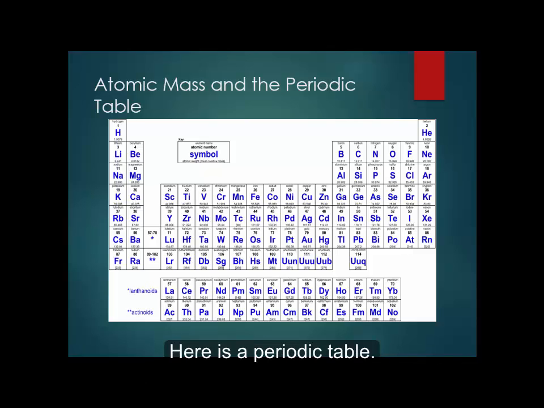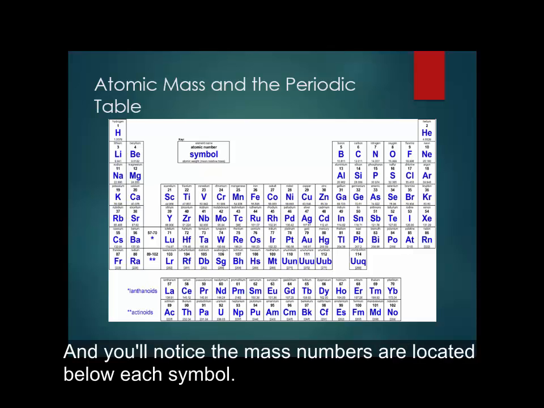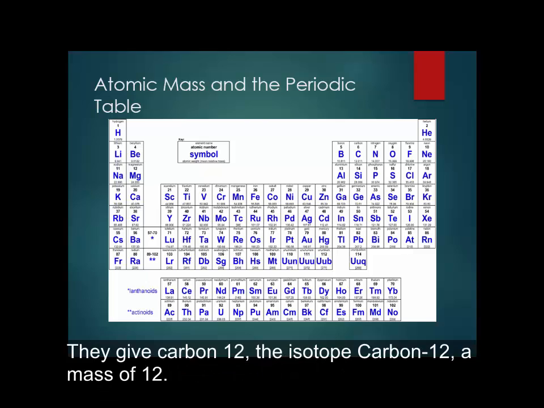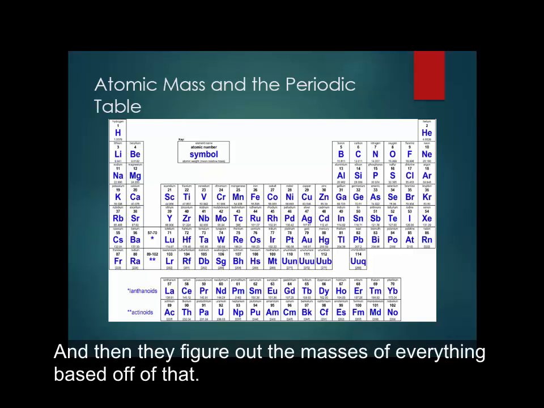Here is a periodic table, and you'll notice the mass numbers are located below each symbol. Those mass numbers are in atomic mass units, which relate back to the mass of carbon. They give the isotope carbon 12 a mass of 12, and then they figure out the masses of everything based off of that.